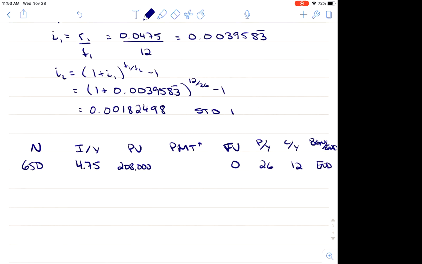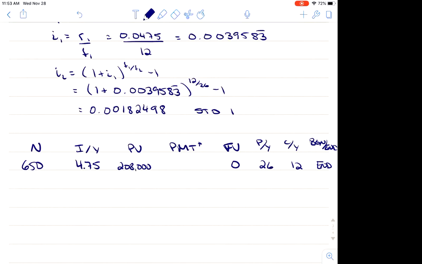So now we can use our calculator. Say 650 is the N, 4.75 is the interest per year, 208,000. That's going to be positive, right? Because he gets this loan amount. Right? He chooses to put it towards the mortgage. Right? And so that's the present value.